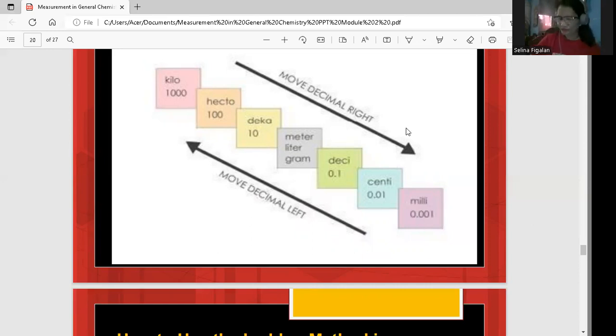Like for example here, here's my whiteboard. Based on the example, 125 ml, iko-convert mo siya into liter. Okay, so as I have said, understood na there is a decimal point here at the end of your 5.